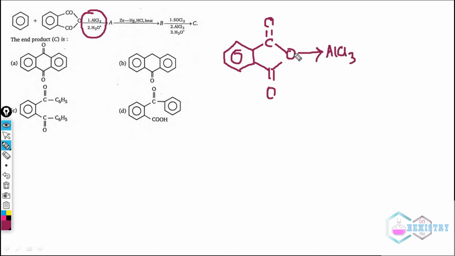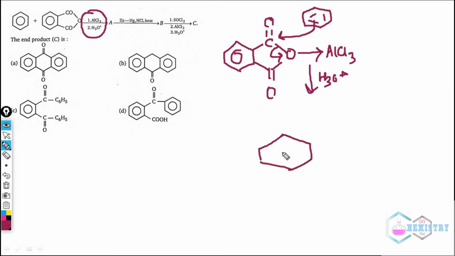So this oxygen will be positive, and hence the benzene ring, the carbon will attack this carbon, and this bond will be removed, forming, and due to the H3O plus, this C double bond O minus will be converted into an acid. So the compound will be like this.